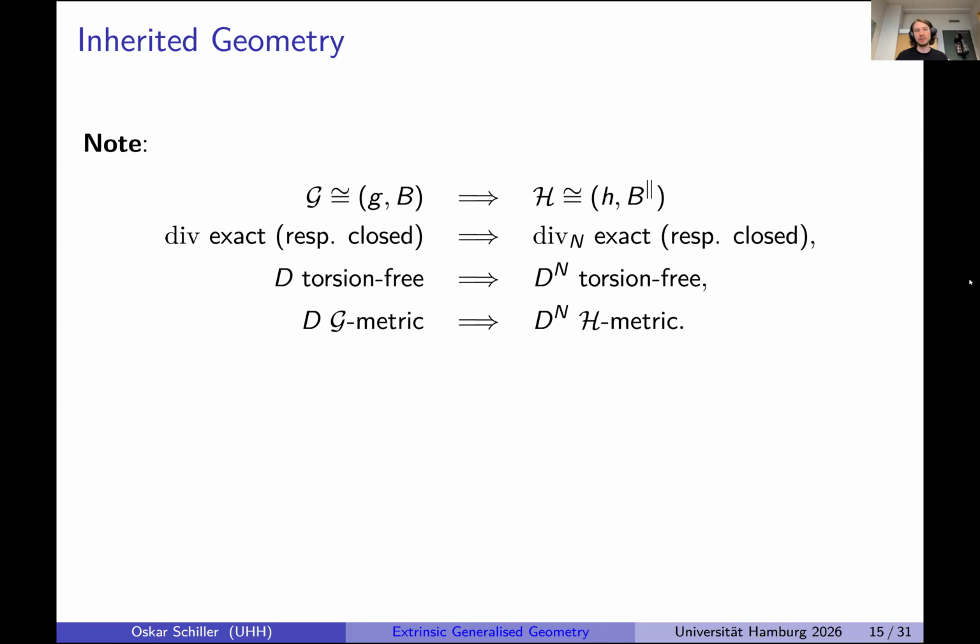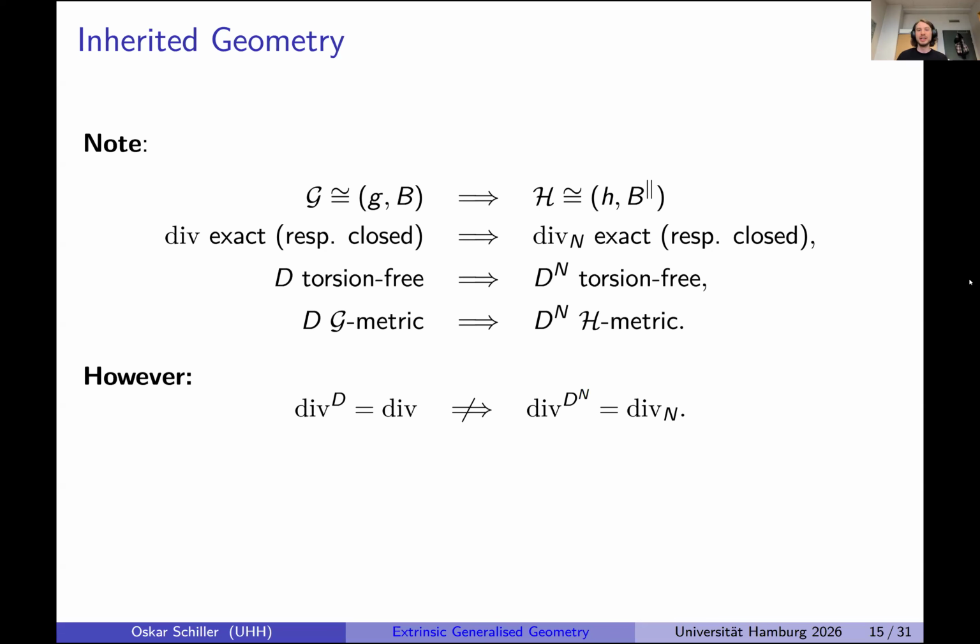Furthermore, if the divergence operator on the ambient space was exact or, respectively, closed, these are important properties for a divergence operator, then these properties are preserved, and the inherited divergence operator is again exact or closed. Also, if the generalized connection on the ambient space was torsion-free, then the inherited generalized connection is torsion-free as well. And if it was metric, then the inherited connection is metric as well, with respect to the inherited metric.